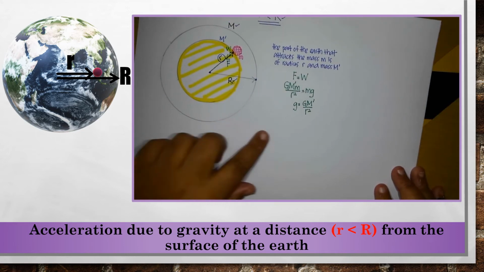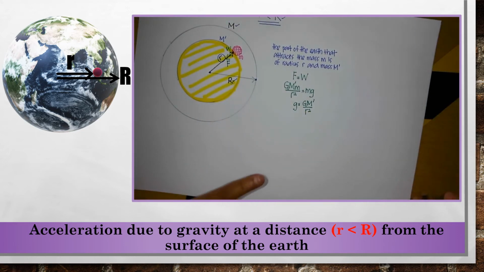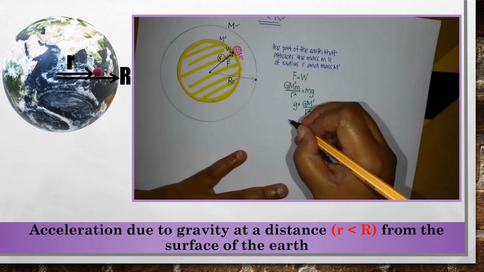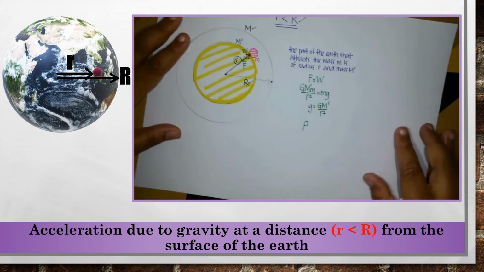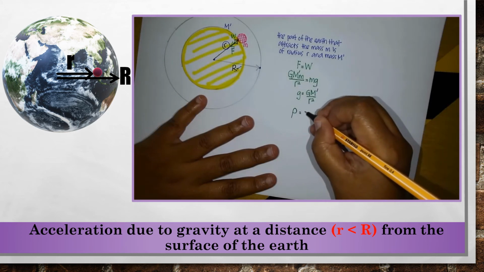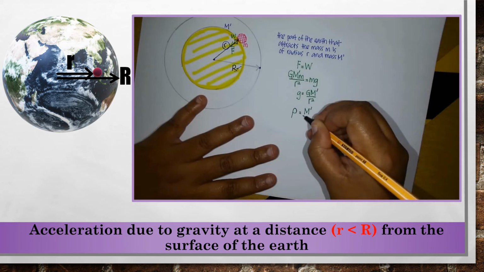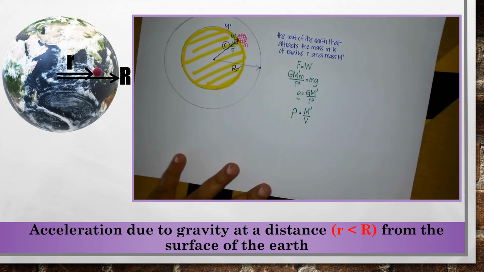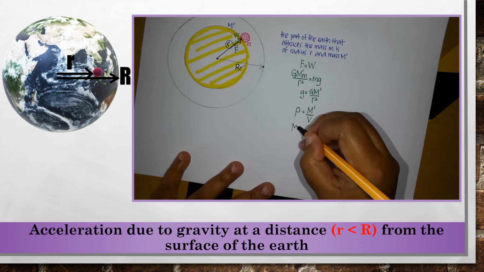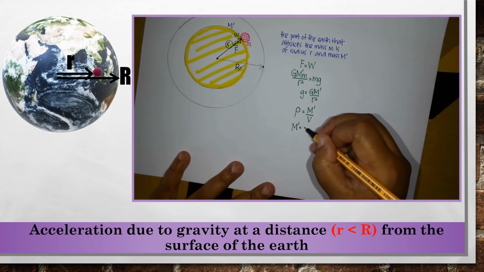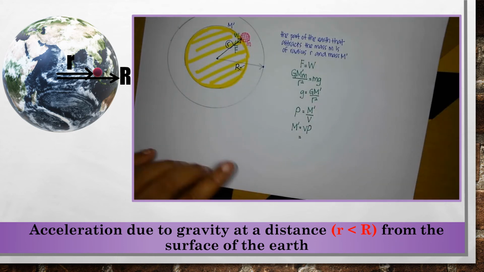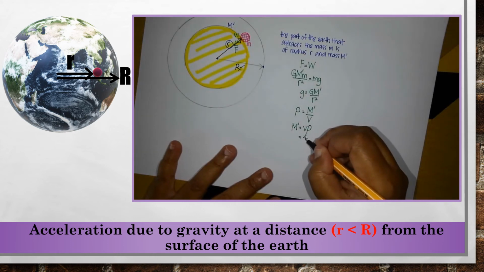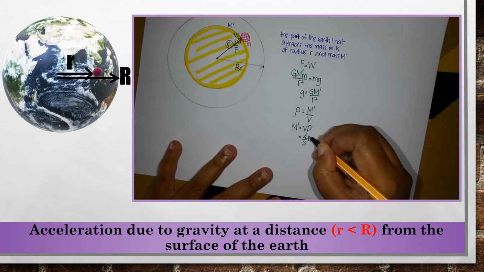Now we want to substitute the value of m naught. We know the density for this part of the earth is equal to mass over volume. So mass is equal to volume times density, where volume is 4 over 3 pi r cube.